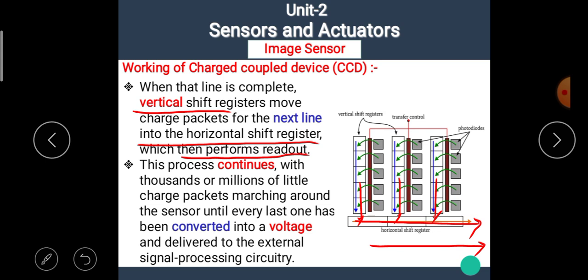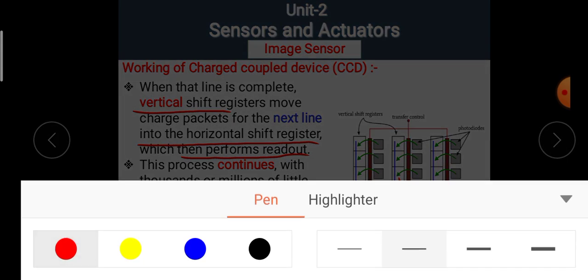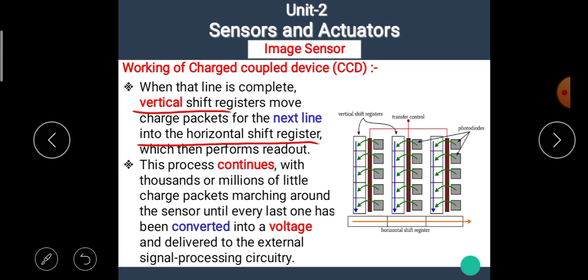This process continues with the thousands or millions of little charge packets marching around the sensor until every last one has been converted into a voltage and delivered to the external signal processing circuitry. That means, in short, we can see here the working of the charge coupled device.